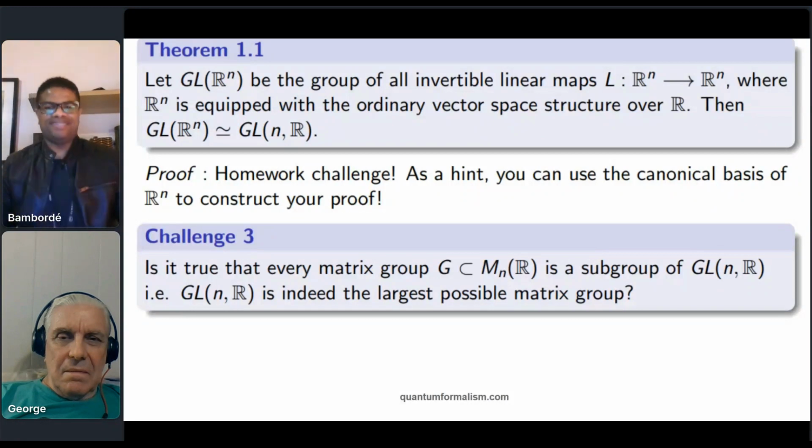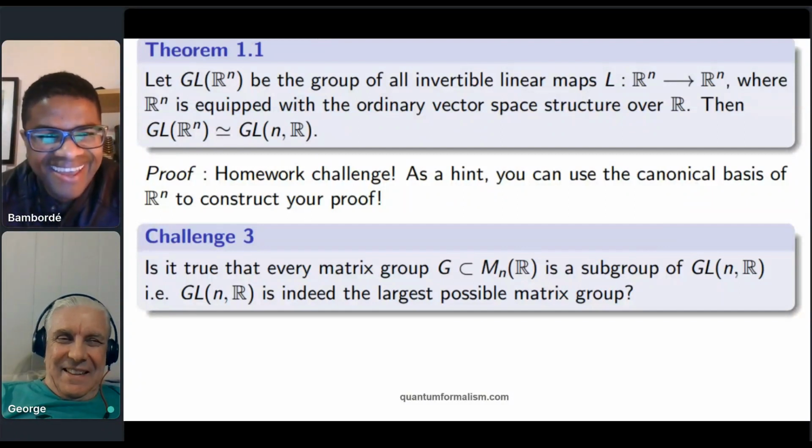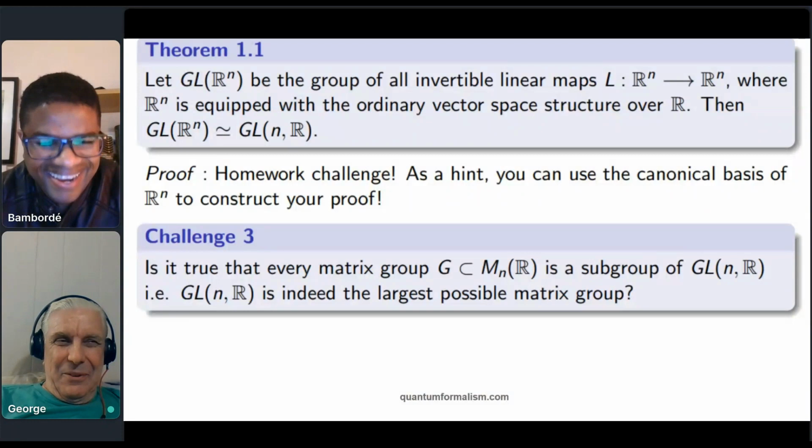By definition, right? This is the set of all invertible matrices, right? I kind of see that every matrix group is isomorphic to a subgroup, so maybe that is all you need.